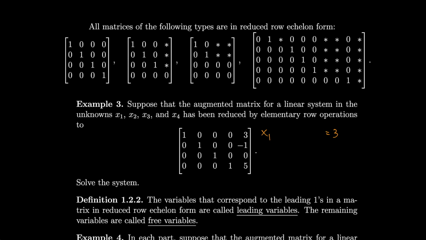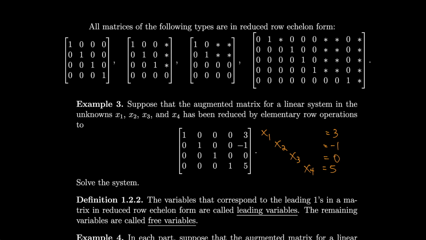Over here we have 0x1, but we have 1x2. So we have x2 plus 0x3, 0x4 equals -1. Then over here we have 1x3, 0 of the other ones, so x3 must be 0, and similarly x4 must be equal to 5.